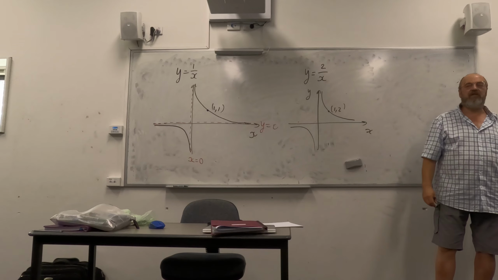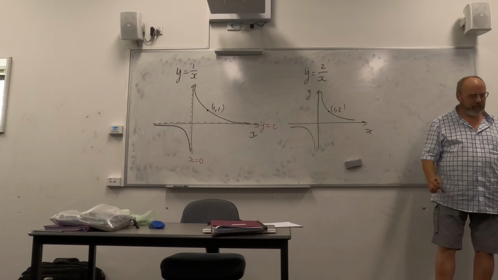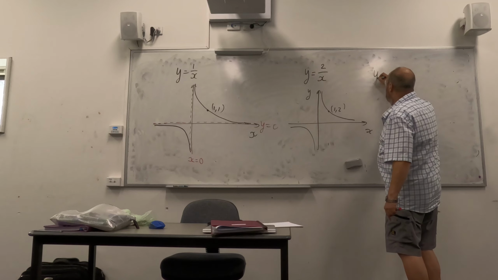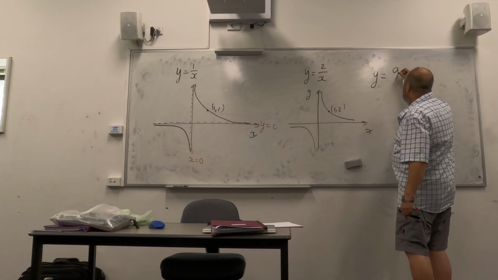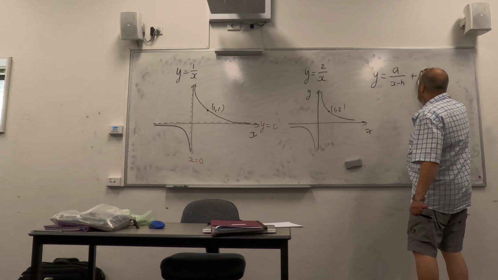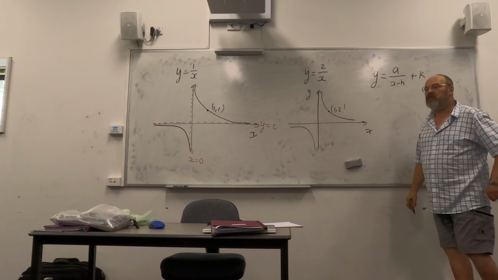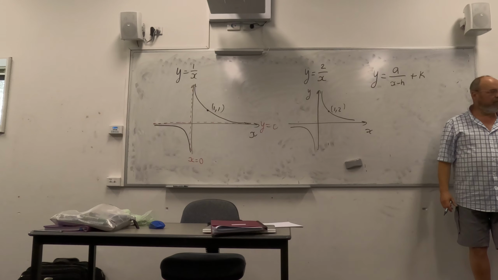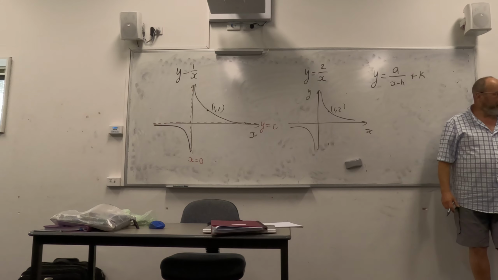So for a hyperbola, not much changes. So is the full equation then y equals a over x minus h? The general equation will be y equals a over x minus h plus k. This is the general equation of the hyperbola. How will we know the difference between negative a over x and a over negative x?